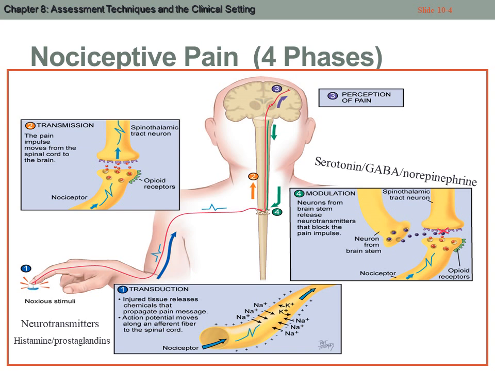And generally, then what happens is that transmission continues and it goes to the spinal cord where it makes another connection or synapse at that point. At this point, the histamine and prostaglandins, these are neurotransmitters, once those are released, it continues up to the spinal cord.